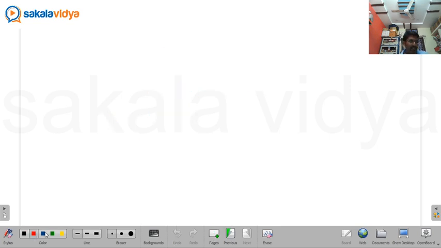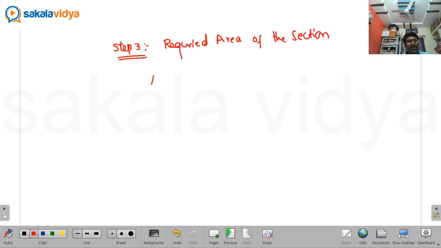Now step number 3, required area of the section. So what's the formula for that?